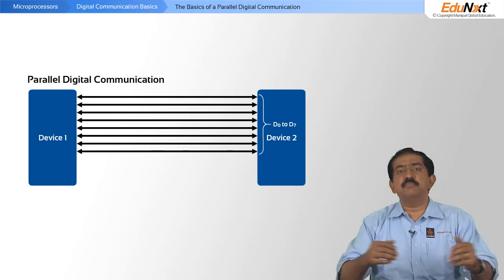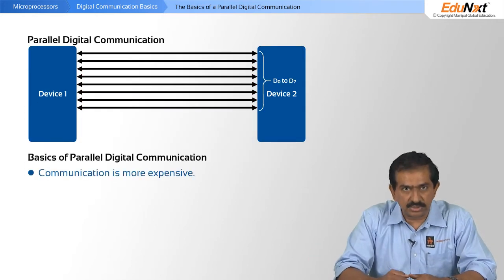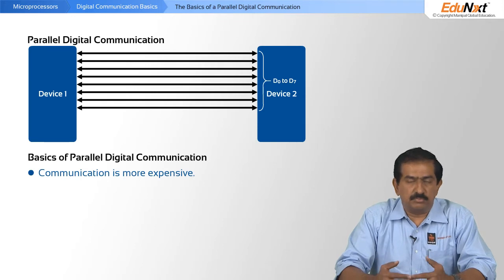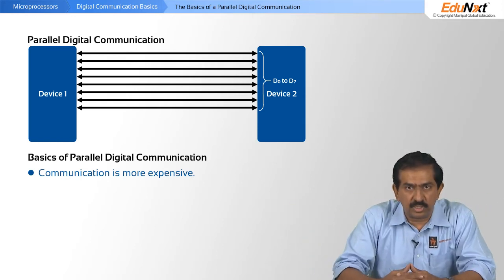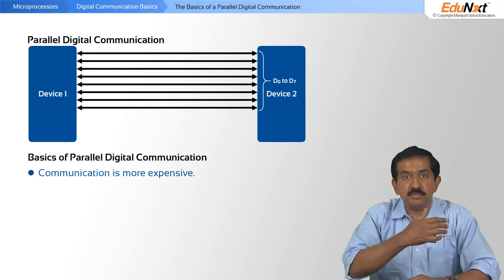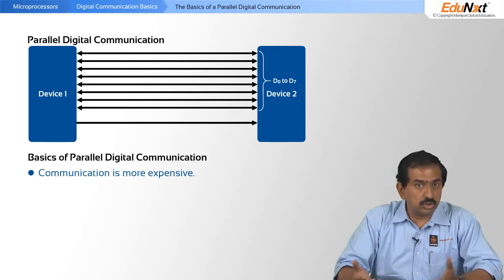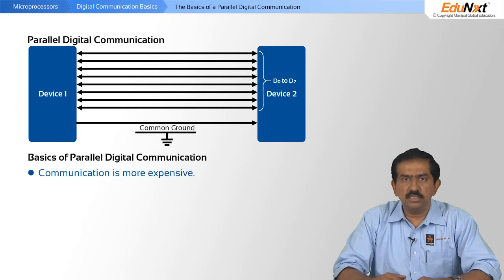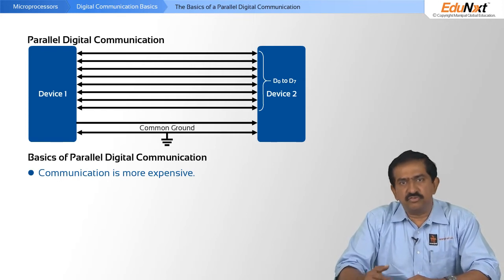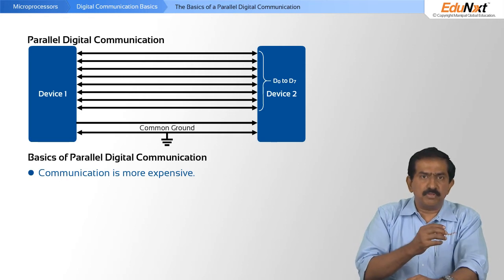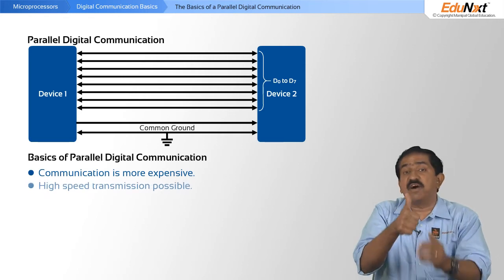This obviously makes communication much more costly, because you now have a cable that has 8 pieces of wire running through it, you also typically have a clock signal that runs through this, and of course the common ground.